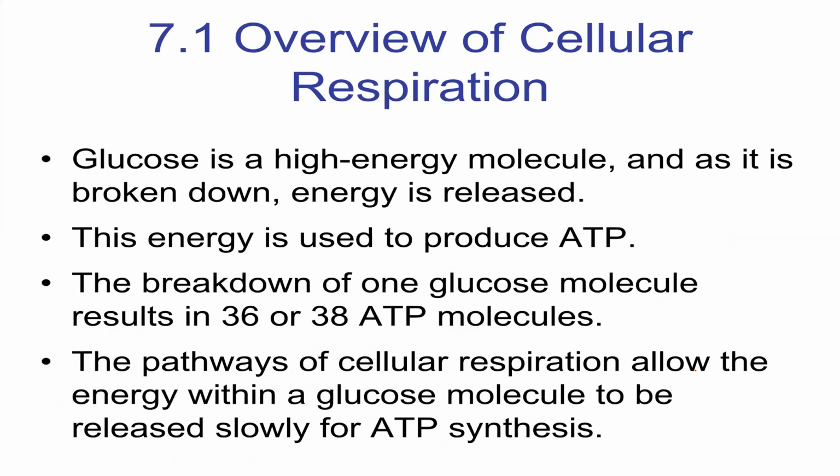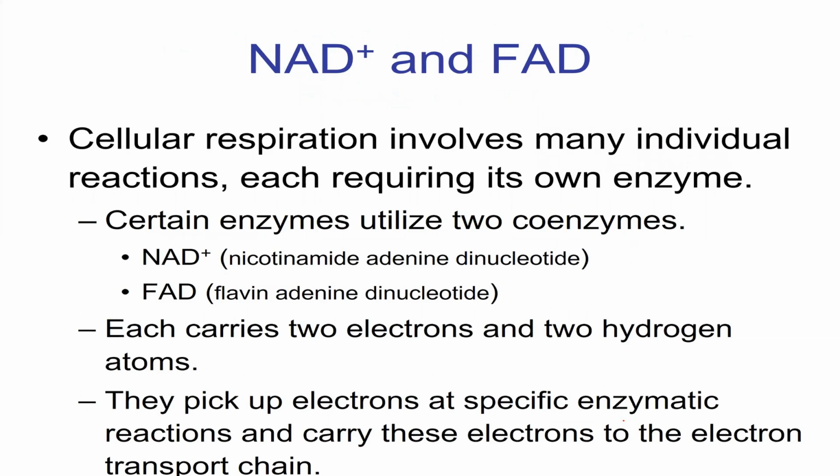So glucose, a high energy molecule. Again, we either get it from the food we eat, or plants get it from photosynthesis. It's broken down, and energy is released, ultimately creating ATP. Again, the main product is ATP. One glucose molecule results in 36 to 38, depending on how well the process goes. We are going to be using these two molecules, NAD and FAD.